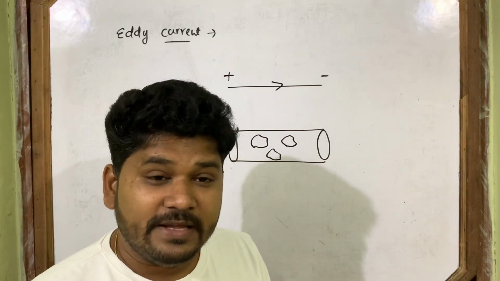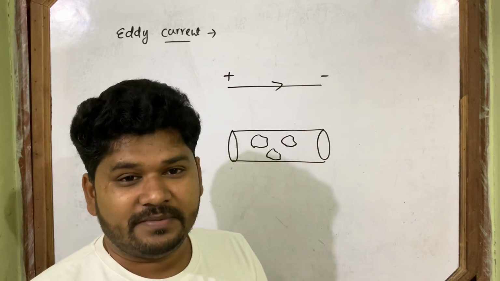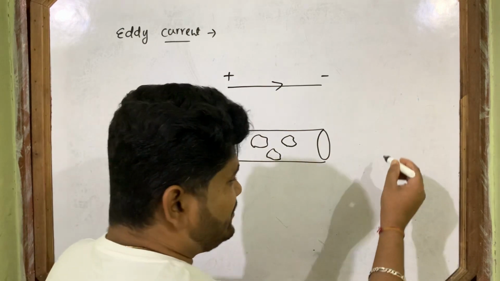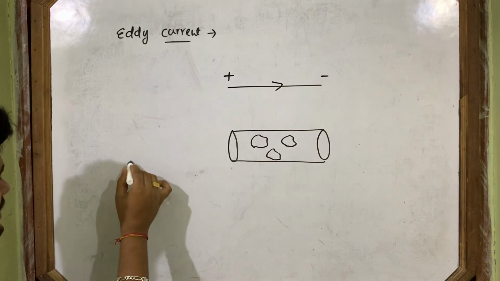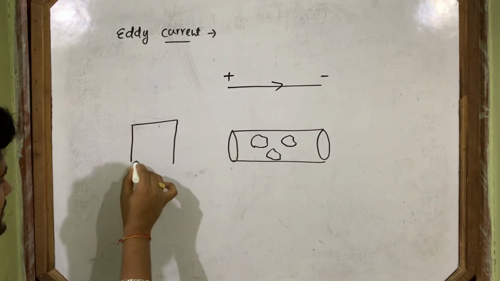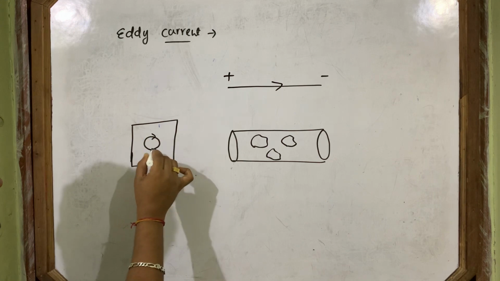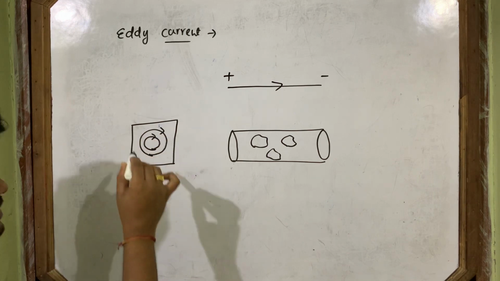Current flows in the body of the conductor. If I take one metal plate, suppose this is one metal plate, current passes in this metal plate like this.